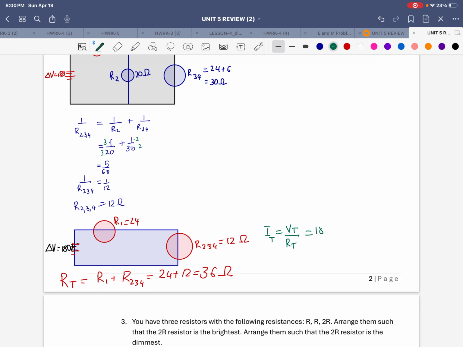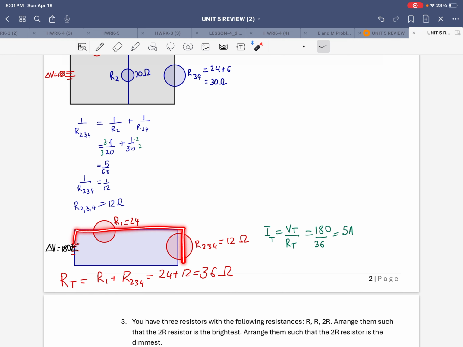And that would make 180 divided by 36. Now, 180 divided by 36, that would give 5. And 5 amps is the total current.